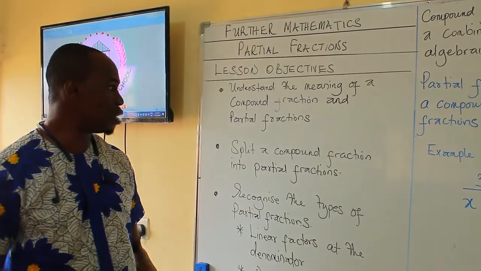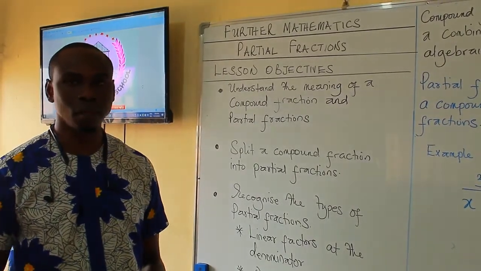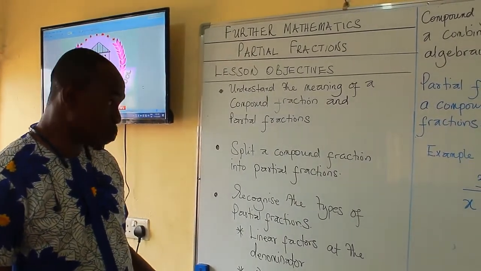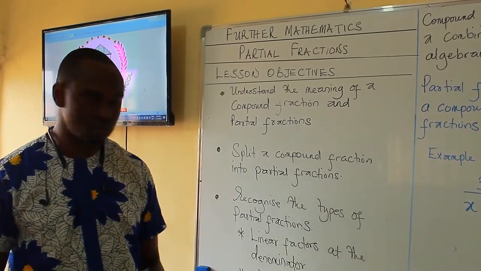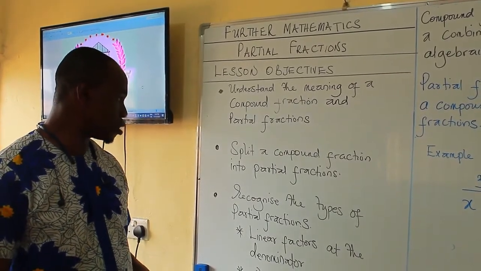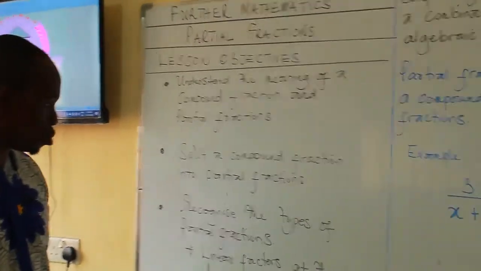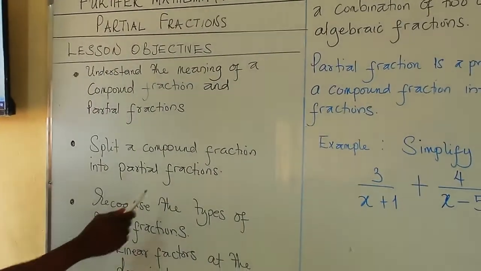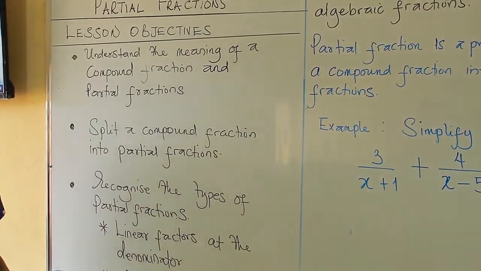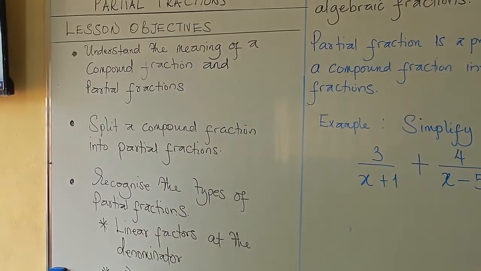Our objectives today are to understand the meaning of a compound fraction and partial fractions, and then learn to split a compound fraction into partial fractions and recognize the types of partial fractions.